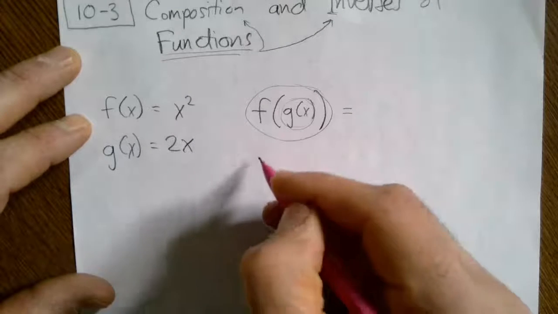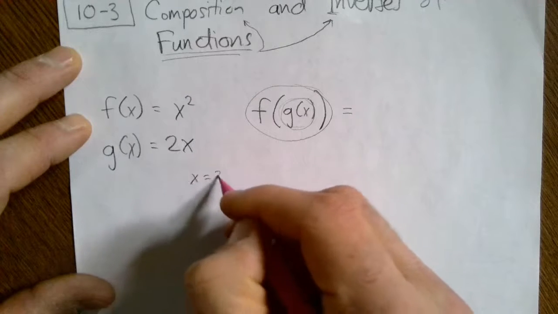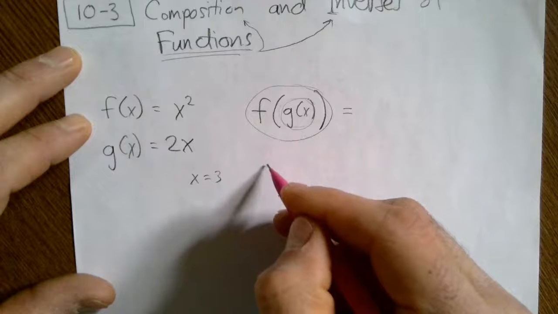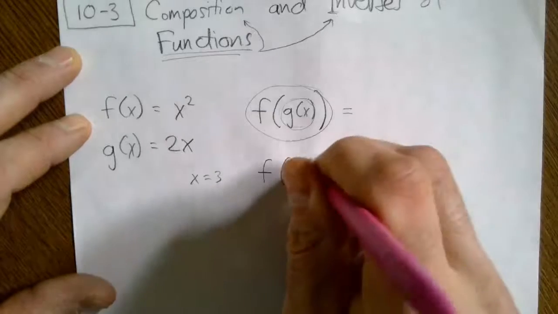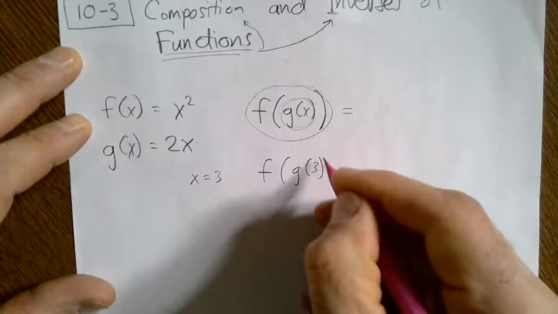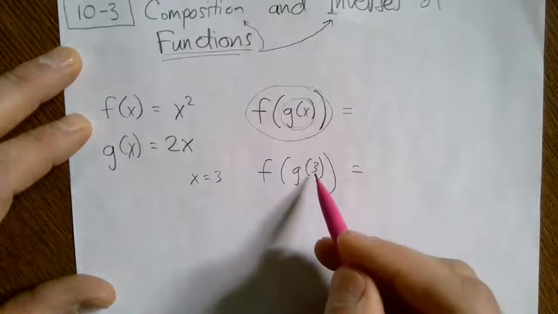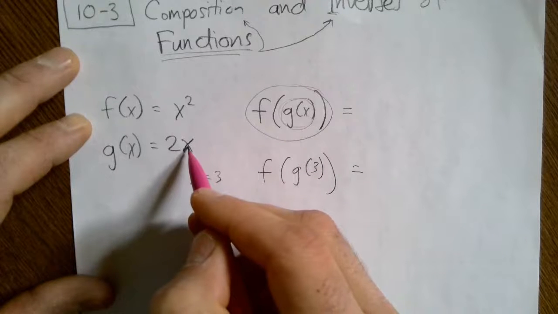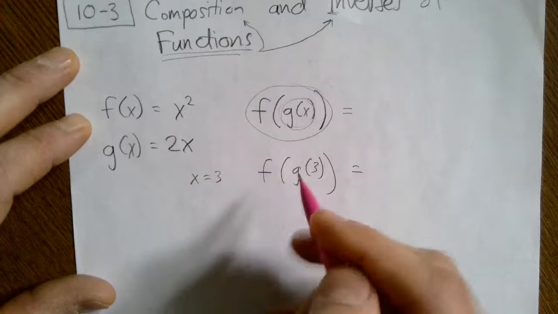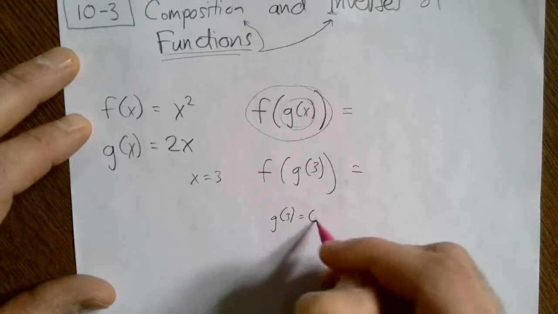So let's pick x equals 3. Now I need to do f of g of, not x anymore, but 3, and figure out what that would be. So we're going to take 3, plug it into 2x, and get 6. So g of 3 is 6.